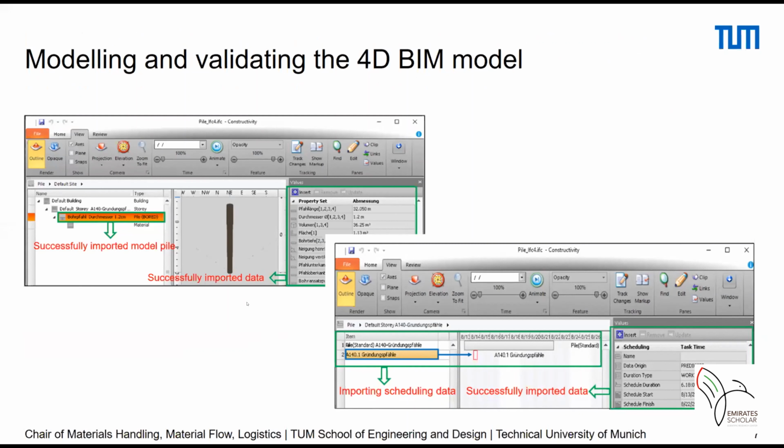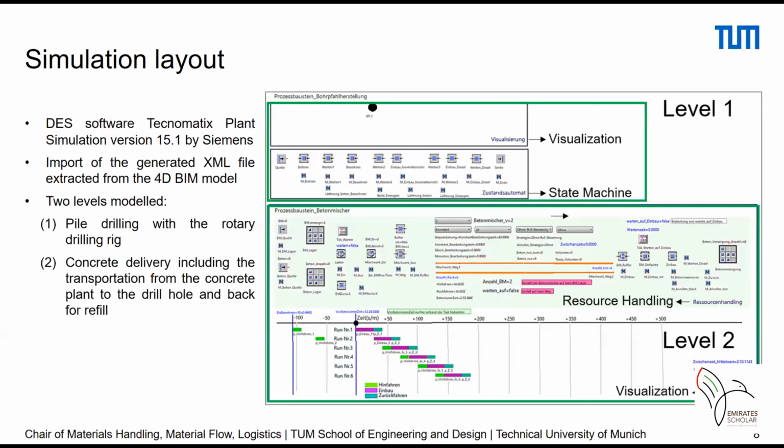As you can see here, of course, the geometry was interesting, but also some data about the date when they have to produce, because the takt time for pile production is defined as the duration per pile length, and we also needed this initial schedule for comparing different scenarios on resource scheduling.